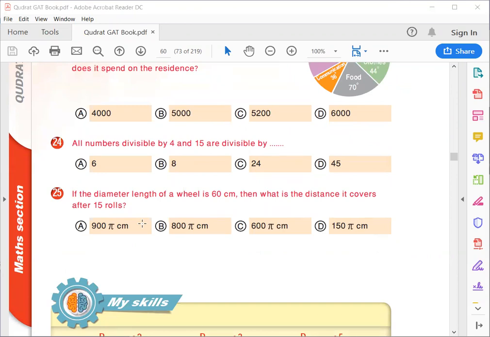Not A, because all numbers divisible by 4 and 15 are divisible by, here 2 times 2 and here 3 and 5. Any mix here of the factors between them.